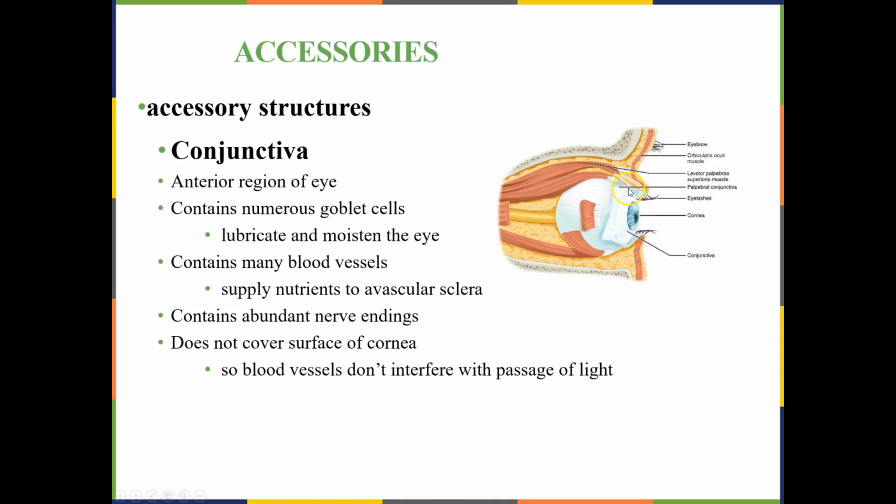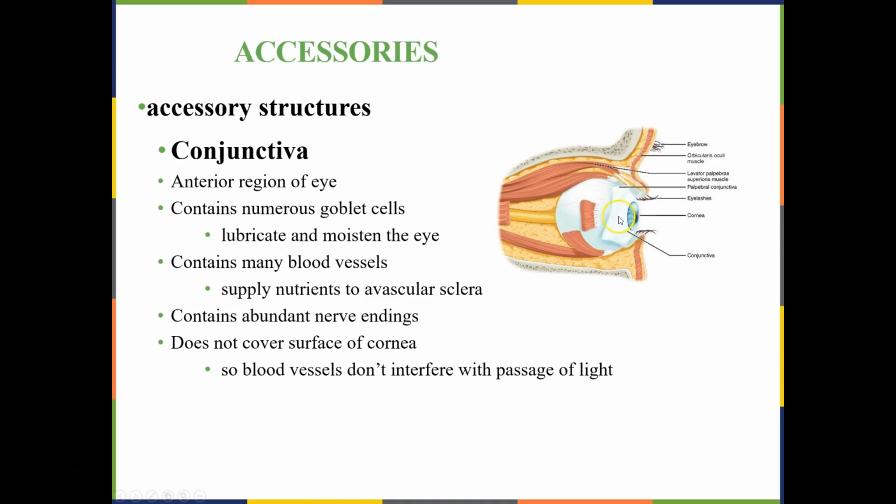Going a little deeper, surrounding the white of the eye on the anterior aspect, we have the conjunctiva. This is a covering that has lots of goblet cells and blood vessels. The blood vessels help to nourish the sclera, which is the avascular region of the fibrous tunic.